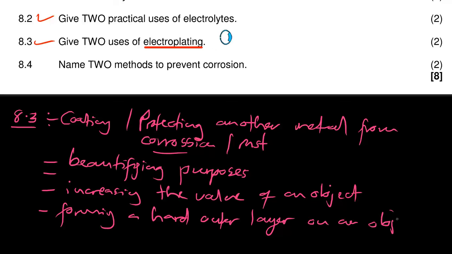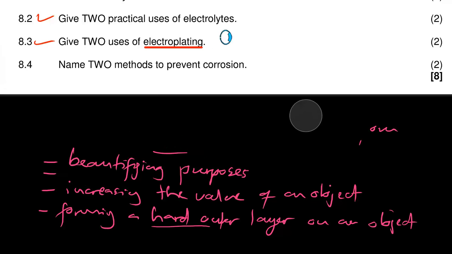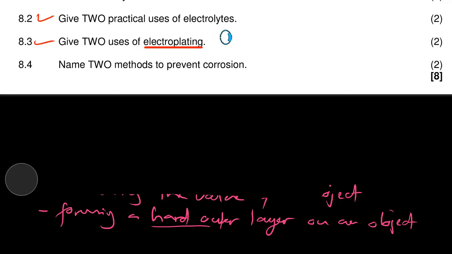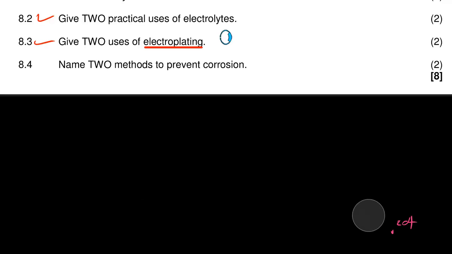Let's say you want the object to have a hard outer layer which is resistant to maybe rusting, to corrosion, or anything. You can use electroplating as a way. So that is that part. So just two uses, but mainly it is for beautifying purposes as well as preventing a metal from corrosion.